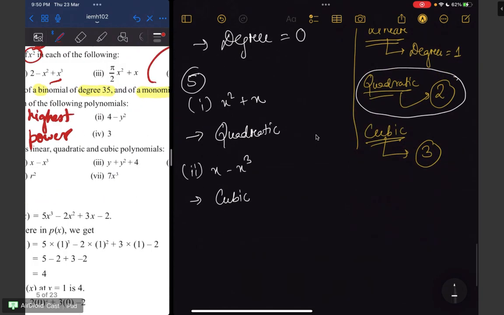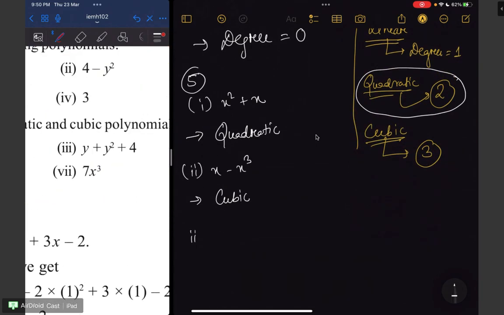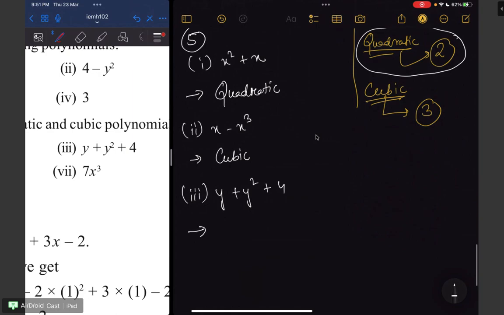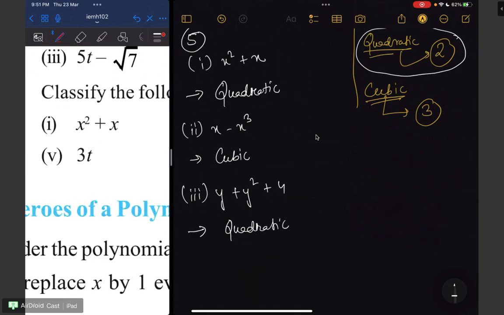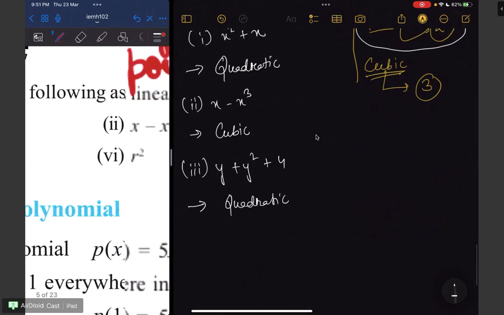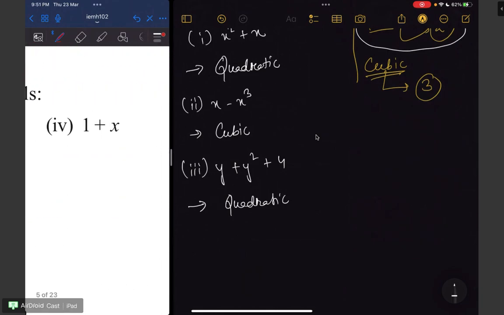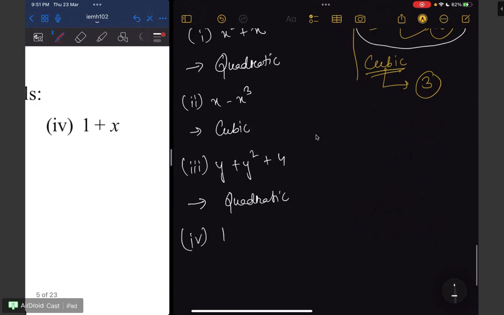For question number 3, it is y plus y square plus 4. What is the degree here? The degree is 2. So if the degree is 2, we say the polynomial is a quadratic polynomial. Let's go to question number 4. We have 1 plus x.